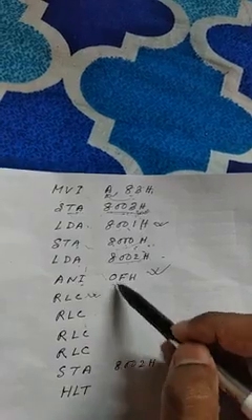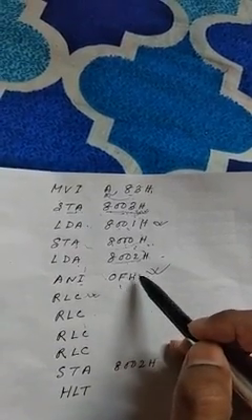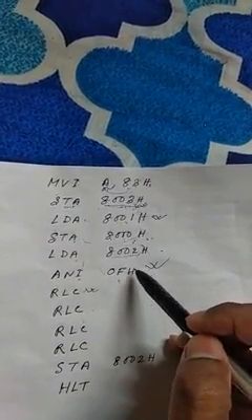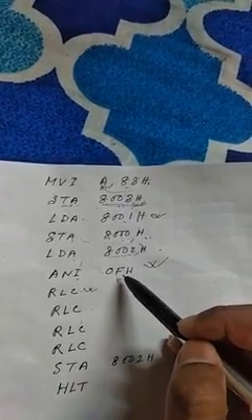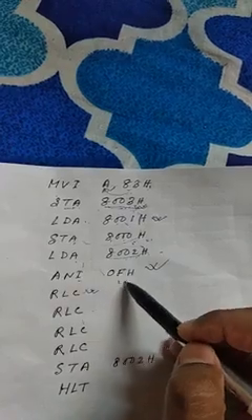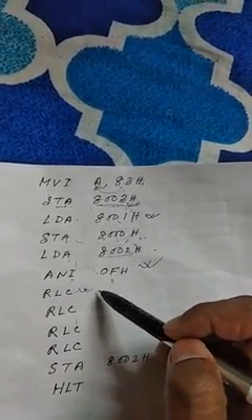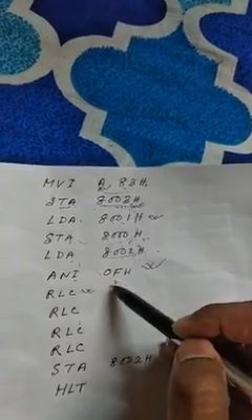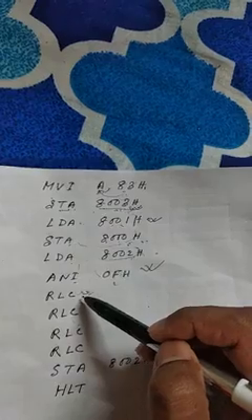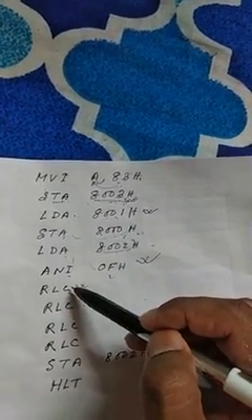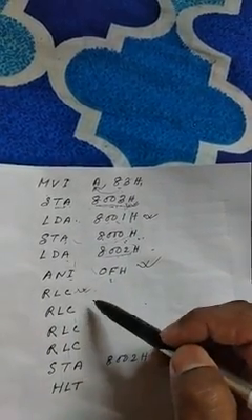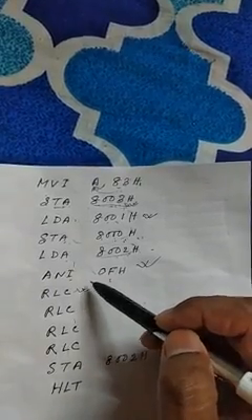F means all are 1, so we will get the lower 4 bits, and we have to send the lower 4 bits into the upper 4 bits. That's why we have to shift these 4 bits into the upper side. So we have to use the RLC instruction. 4 times RLC is used for shifting the 4 bits into the upper side.